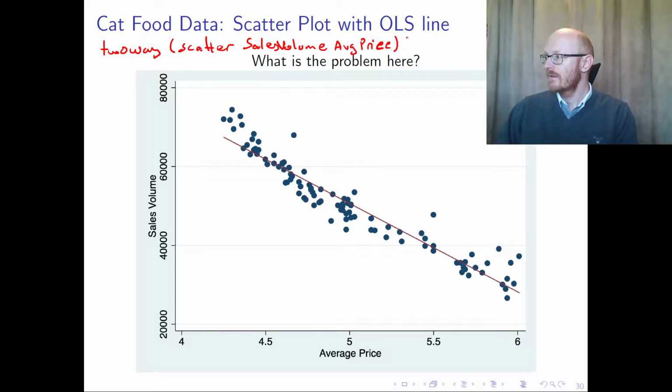And we also would like to have the linear fit of sales volume on average price.